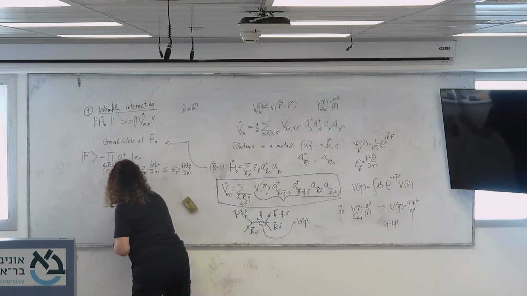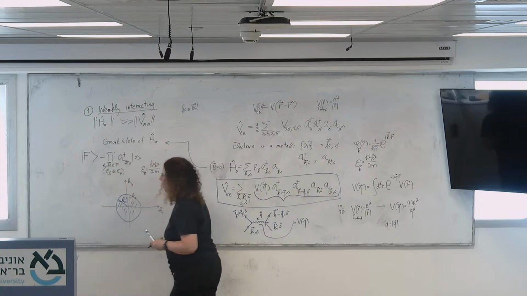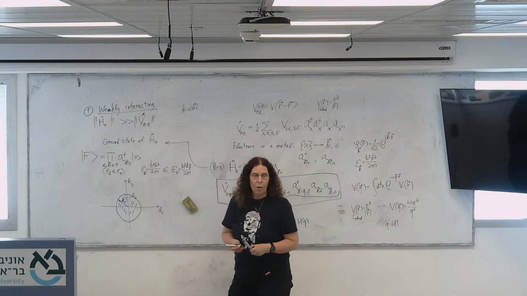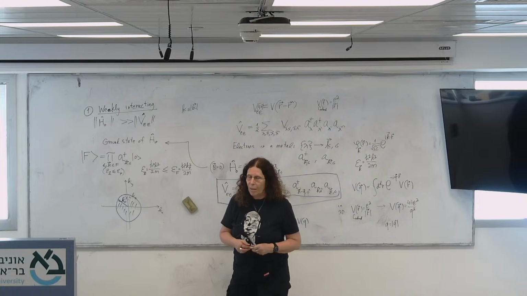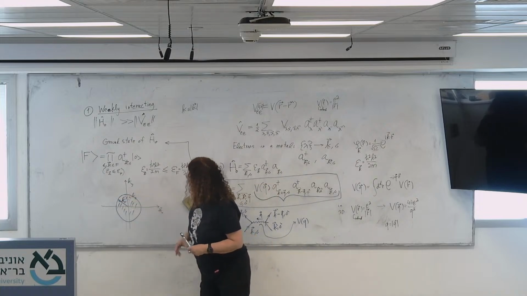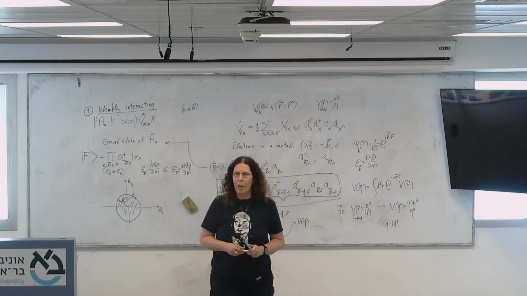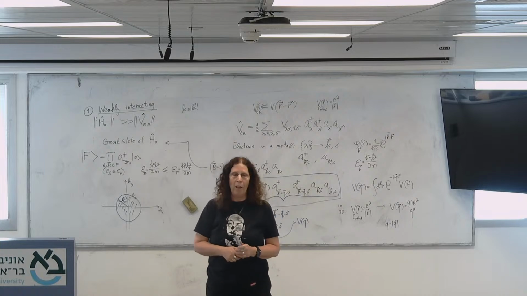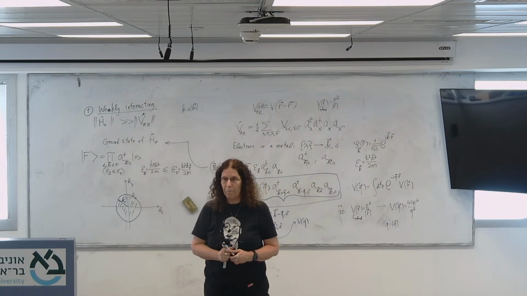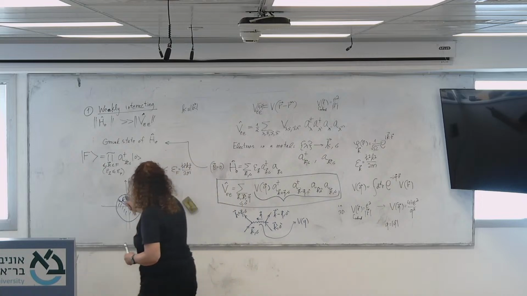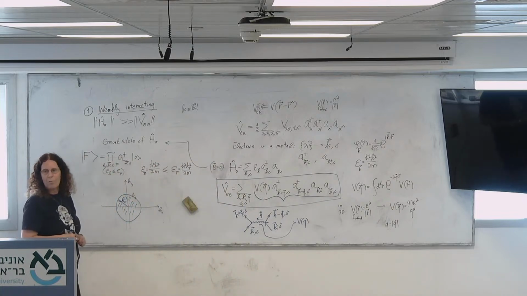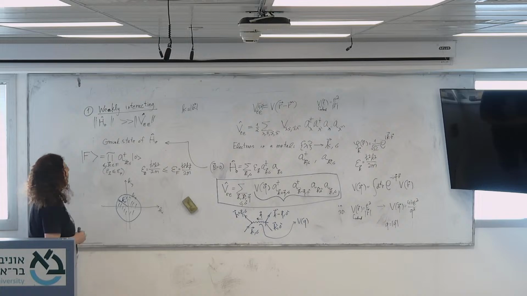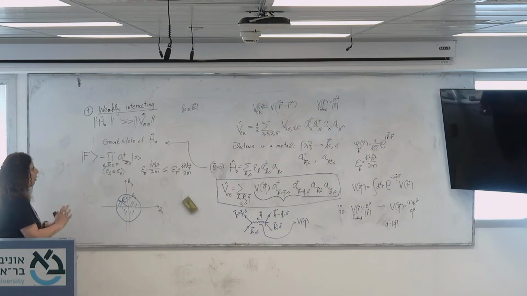So all the states that are inside the ball are occupied, and all the states outside are empty, okay? So this is the ground state of a free electron gas with Fermi energy epsilon F. So basically this is just all the k's whose absolute value is smaller than kF. That's all. It's a ball. Okay, so this you already know.